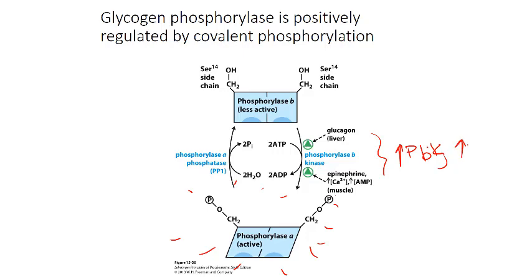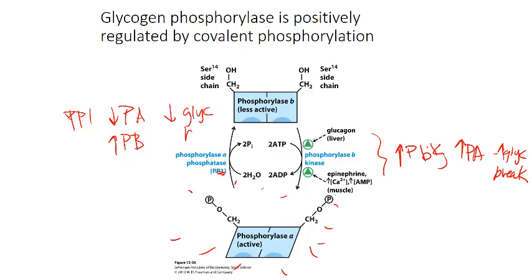That's going to activate phosphorylase A, which is going to increase glycogen breakdown. However, phosphorylase B is less active, and this enzyme here, phosphorylase A phosphatase, or PP1, is going to downregulate phosphorylase A to make phosphorylase B, which is the less active form, which is not going to favor glycogen breakdown.